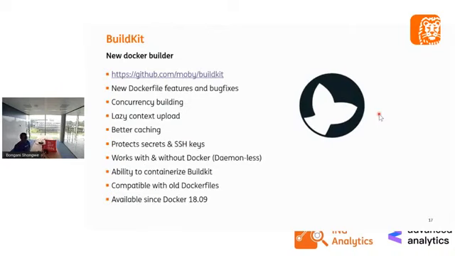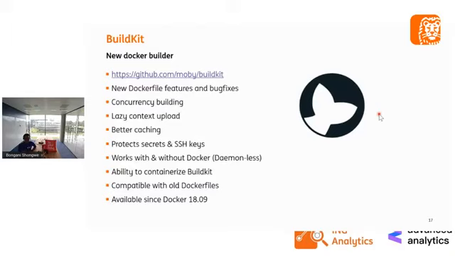So we found out that there's a new Docker builder called BuildKit. It's produced by Moby, or some people also call it Moby BuildKit. It's the new builder, and it has new Dockerfile features and many bug fixes. It introduced concurrency building. It has lazy context uploading, so with BuildKit, if you change one file in one build step, then that's the only build step which would get uploaded.